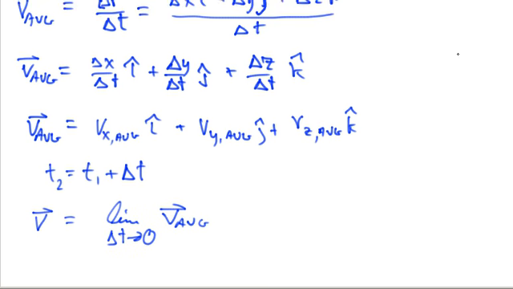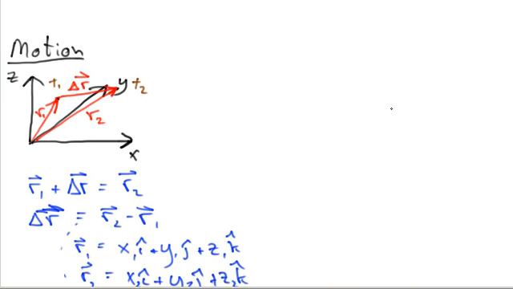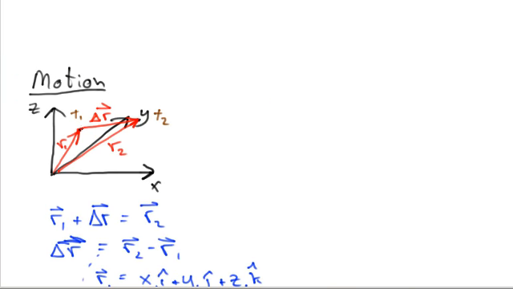Imagine that we did that up here. So we found the velocity at this particular time, and then at some later time, a finite later time, not itsy bitsy, we did the same thing.